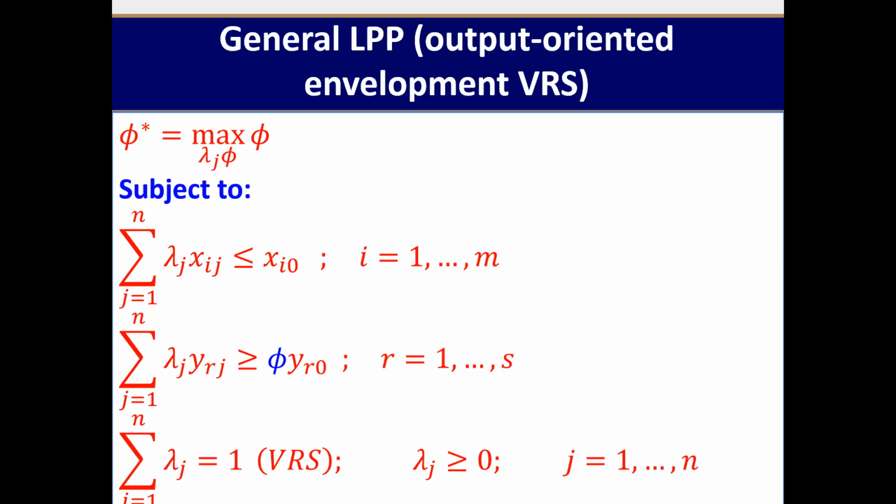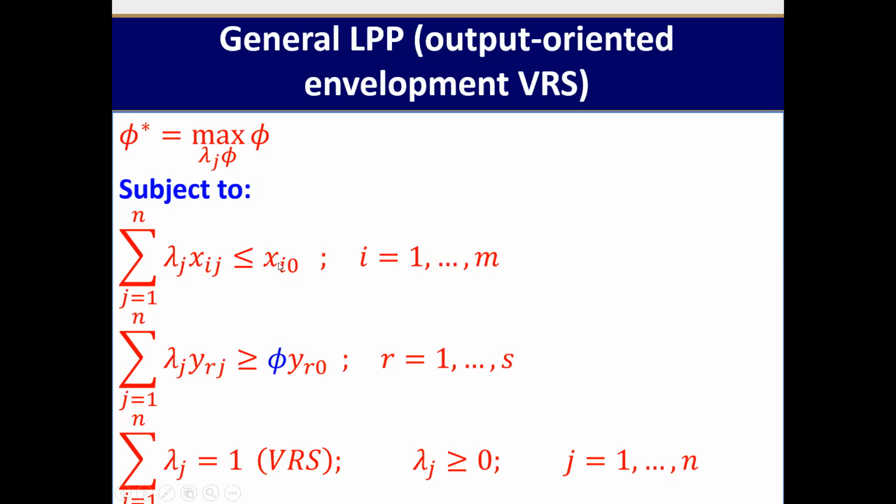Okay. So the input of a particular firm that you see here, look at this, X_i0 is not a target, it is an actual input of a particular firm you are trying to assess its efficiency.